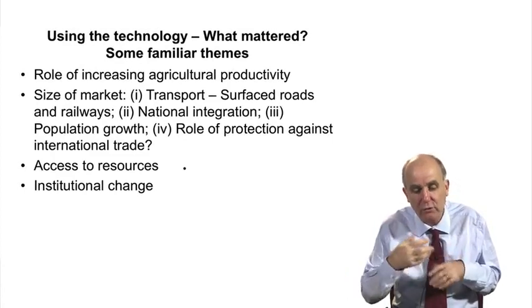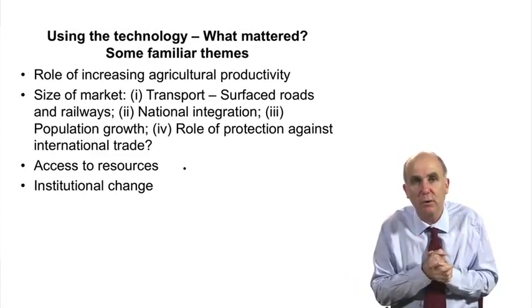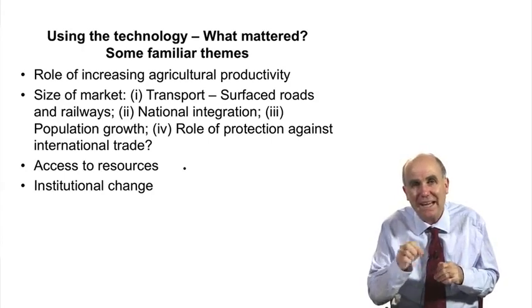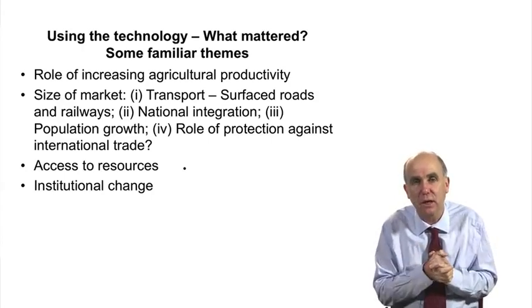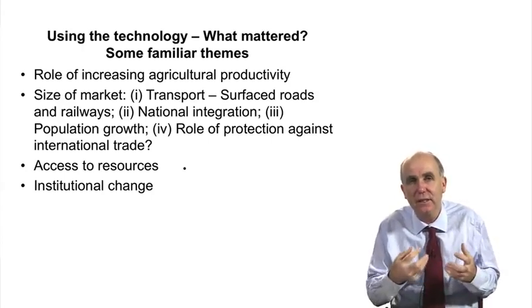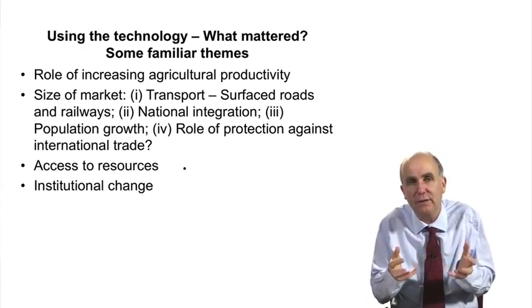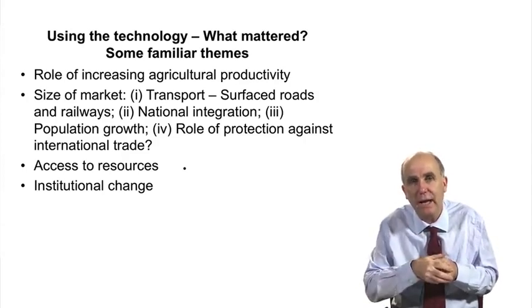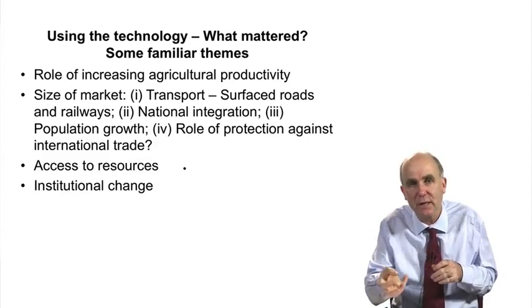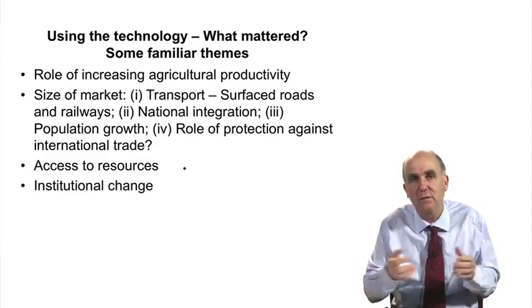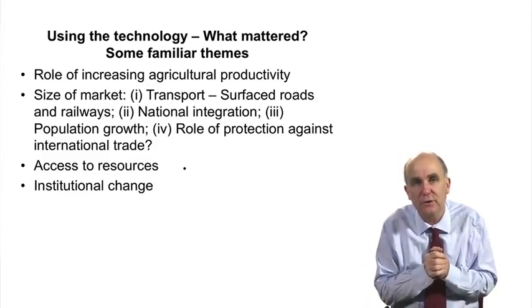The role of increasing agricultural productivity and size of market were important. What else was important? Well, access to resources was important. So again, you were using industrial technologies that were taken from Britain that depended on having some source of power. So you needed access to water power, or you needed access to coal supplies, which could be used to power steam engines, which would be the basis of the manufacturing industry.